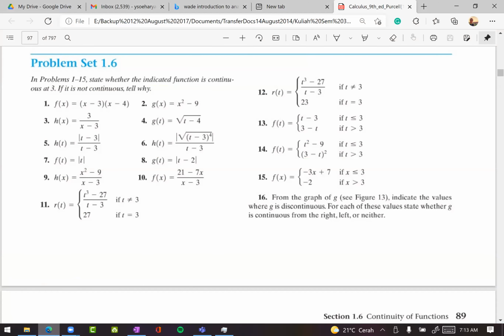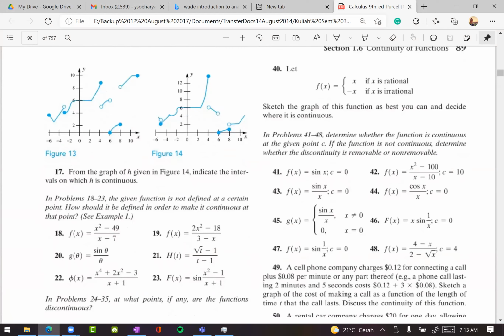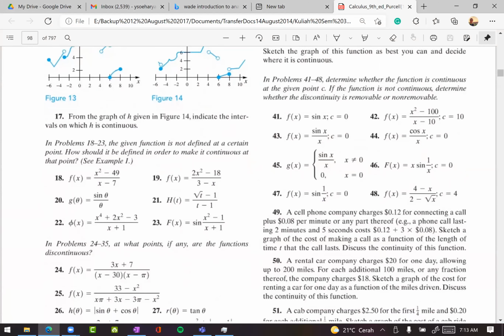Okay. Have you seen the textbook that I'm sharing? Yes, sir. All right, good. Okay, let's do some examples.